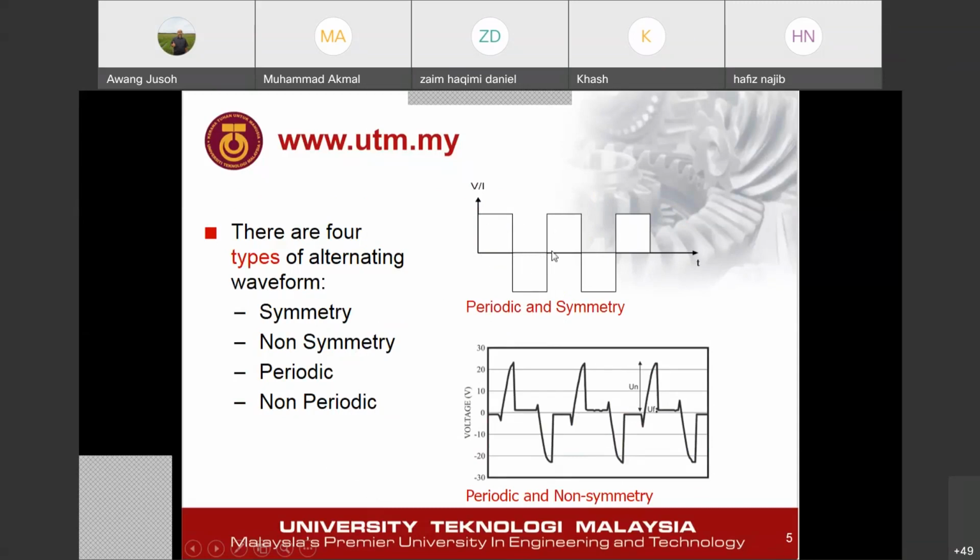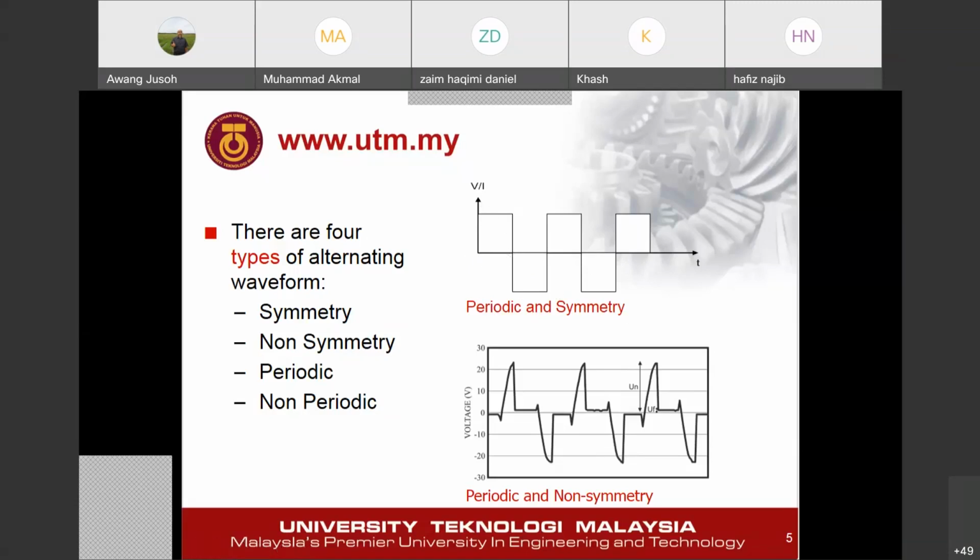What do I mean by cycle? The cycle time: start from 0 and finish there is one complete cycle. And the other cycle has the same shape and the same amplitude. That's why we call it periodic and symmetric. Symmetric means the positive and negative parts have the same area. The positive signal on top and the negative at the bottom have the same area.